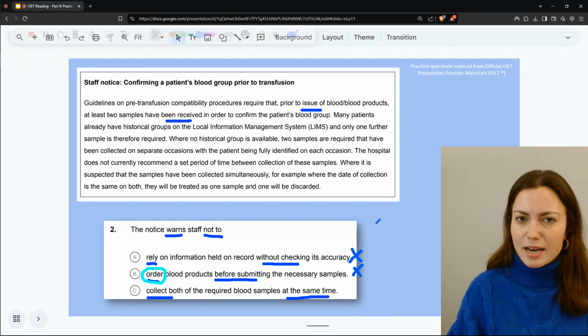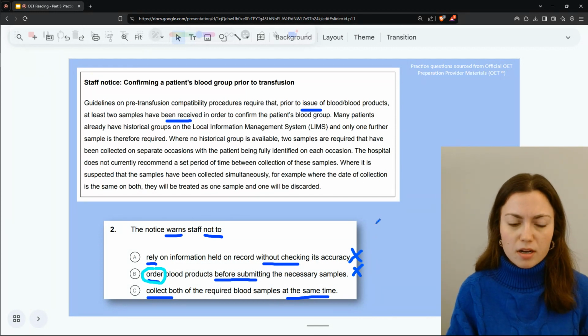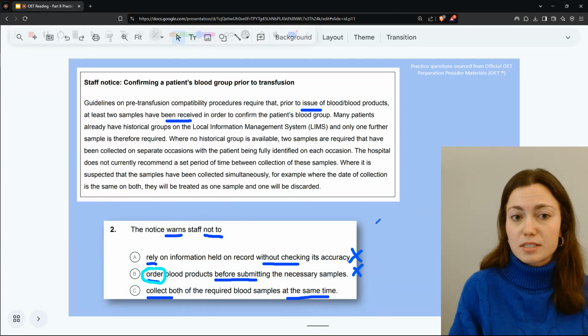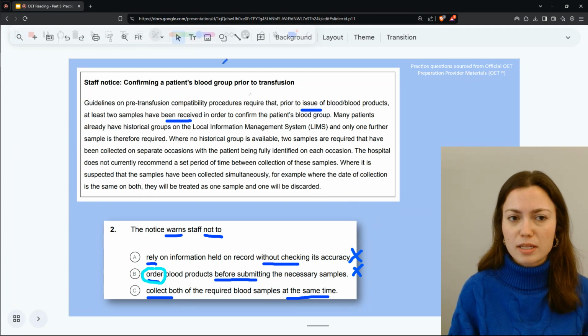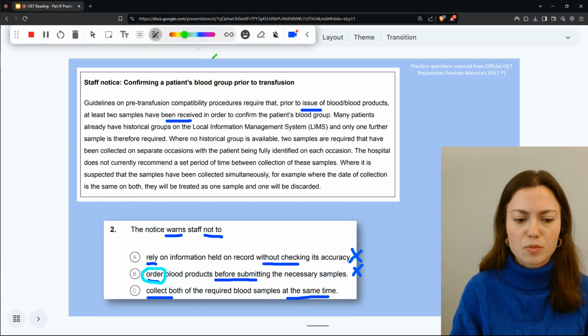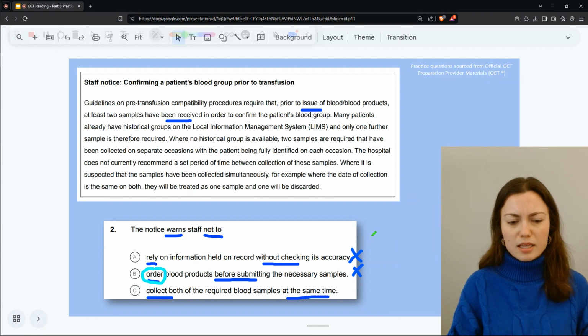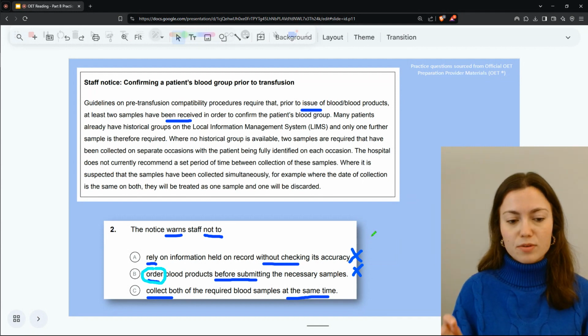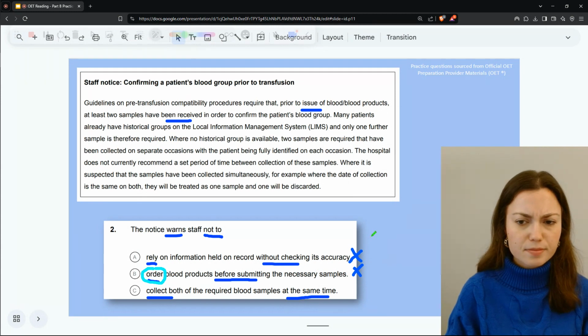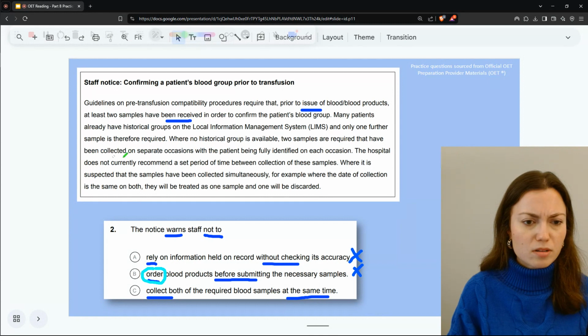So based on the negative evidence alone, I can conclude that the answer is C, but now comes the important part. Let's go find confirming evidence to support that. So the notice warns staff not to collect both of the required blood samples at the same time. If I'm looking through here, they talk about this idea of having the patient fully identified on each occasion.